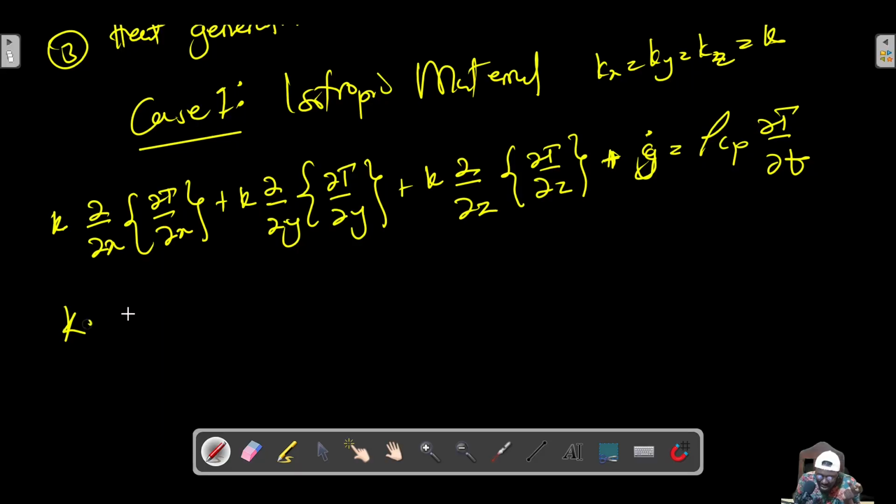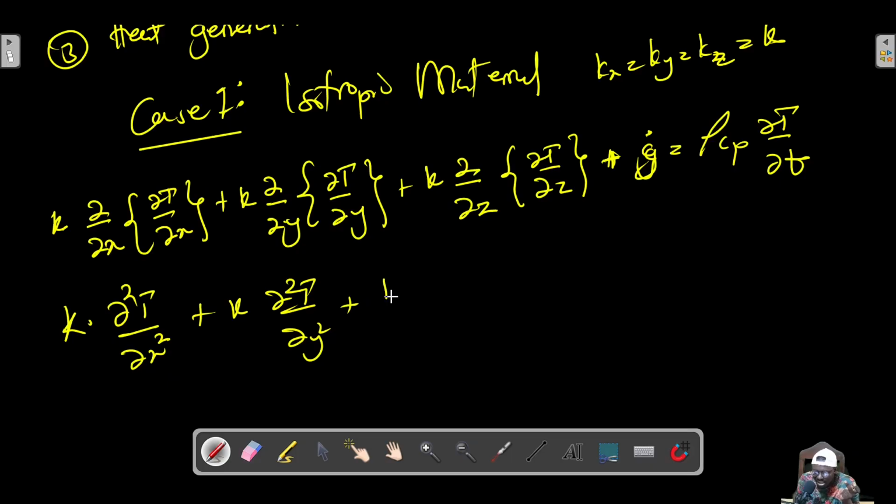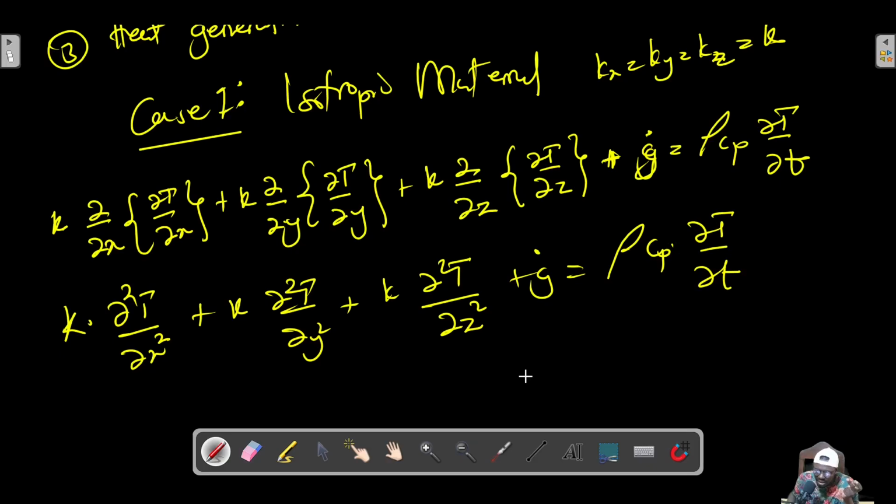So we can say K ∂²T/∂x² plus K ∂²T/∂y² plus K ∂²T/∂z², plus g dot is equal to ρ Cp ∂T/∂t.